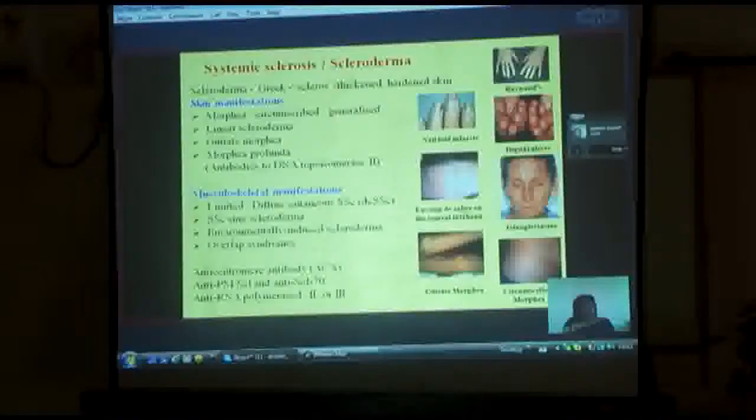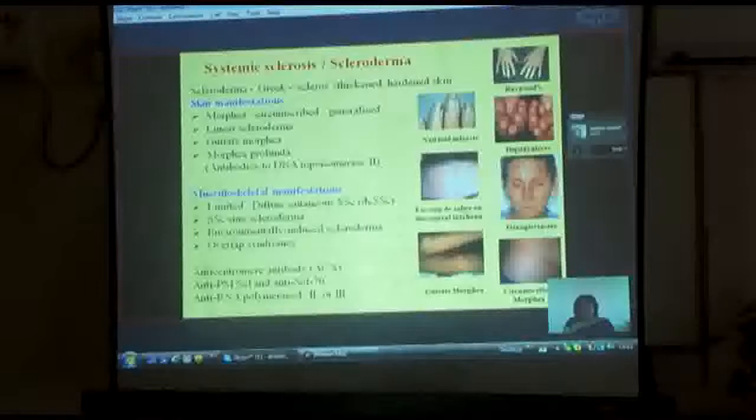Scleroderma sine scleroderma is when they present with visceral involvement and vasculopathy without any skin sclerosis. Environmentally induced scleroderma is due to toxins such as vinyl chloride, pesticides, and resins. Overlap syndromes tend to run a milder course when systemic sclerosis overlaps with SLE or polymyositis.